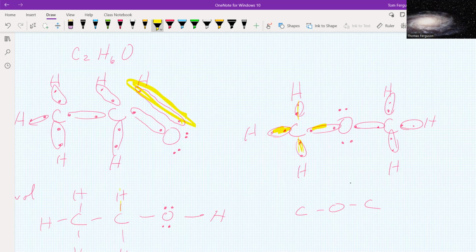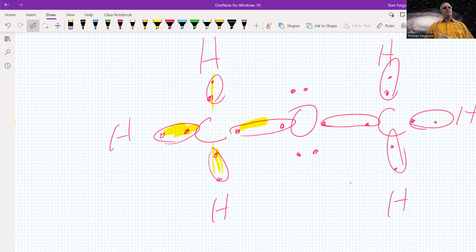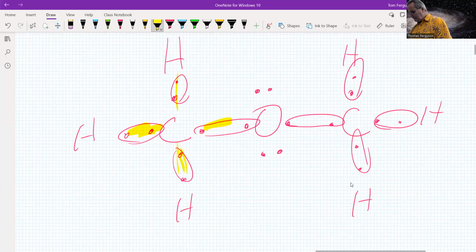Okay, so counting up bonds, you're looking at those circled pairs of singletons. How many of those are attached to carbon? We've got 4 there, where the yellows are. For the oxygen, we have 2 bonds there.